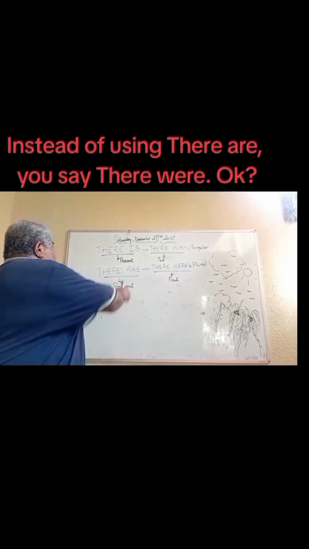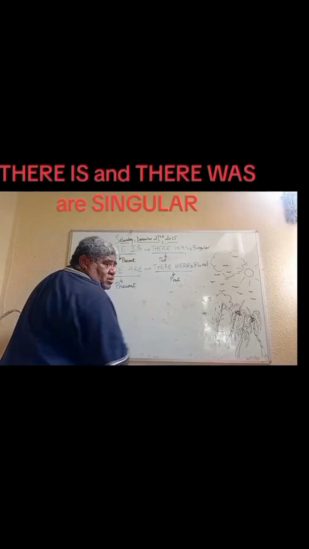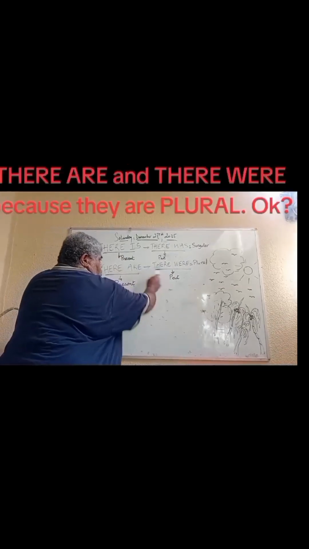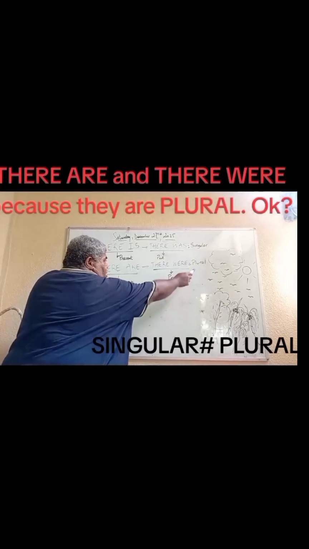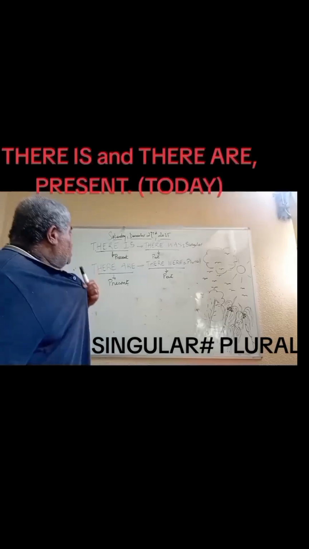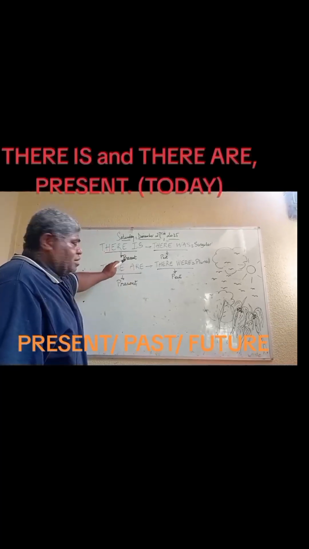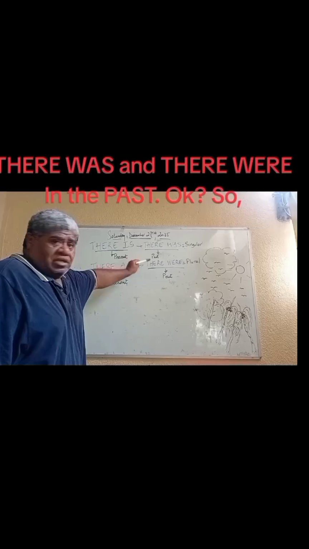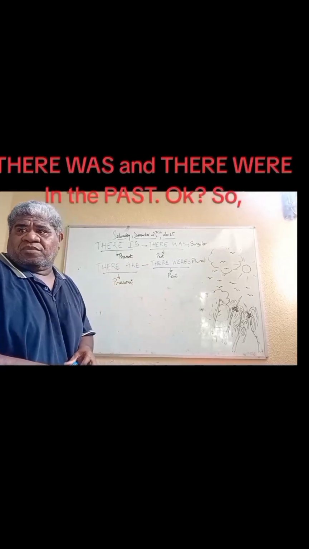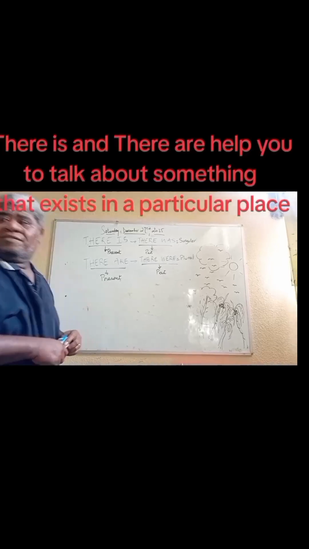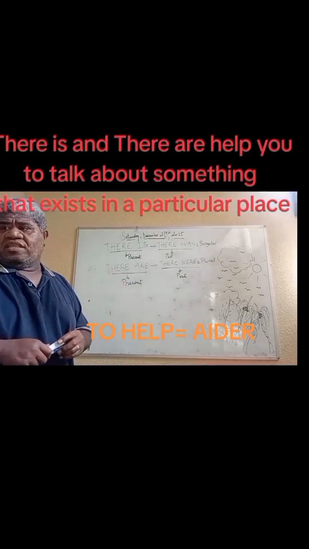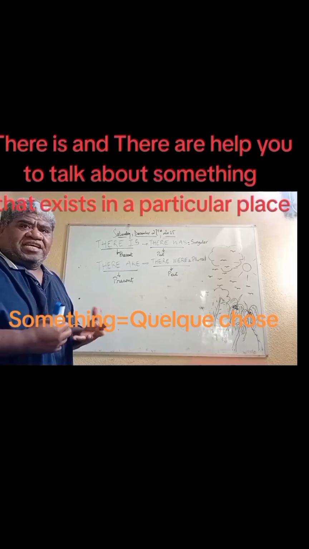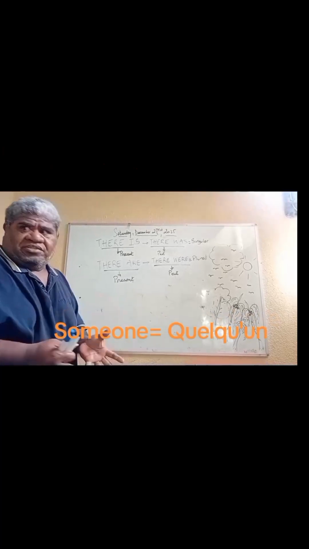There is and there was because they are singular. There are and there were because they are plural. There is and there are are present; there was and there were are in the past. So there is and there are help you to talk about something that exists in a particular place.